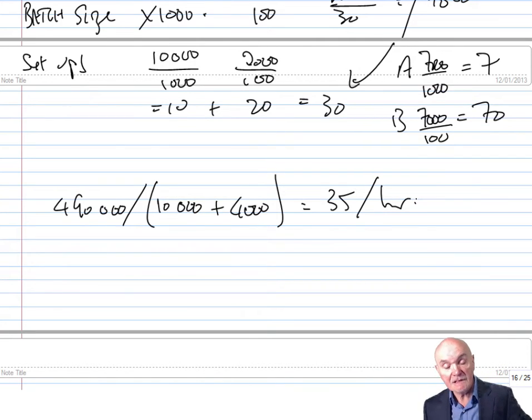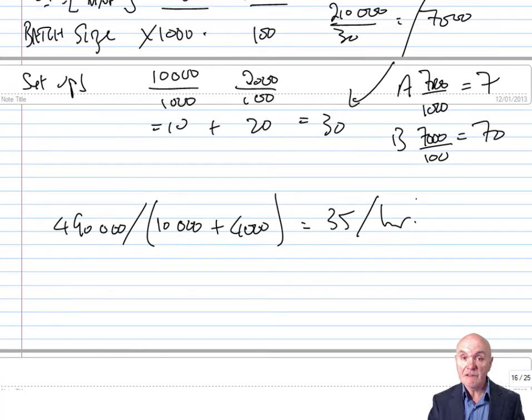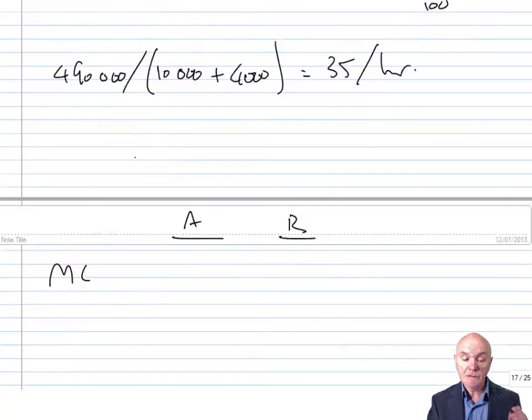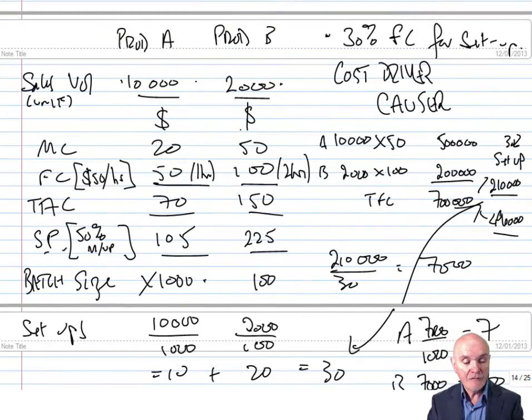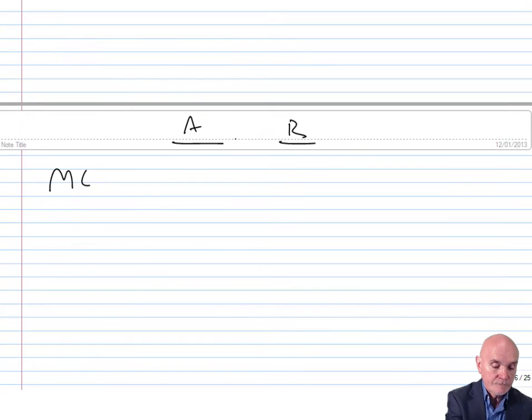So let's reconstruct our costs and indeed our selling prices again. So we had our A and B. We have a marginal cost which is not going to be altered at all. So the marginal cost here was 20 and 50. We have the setup costs.